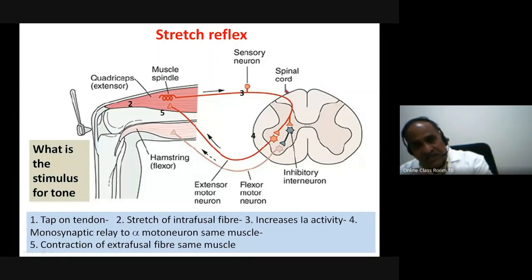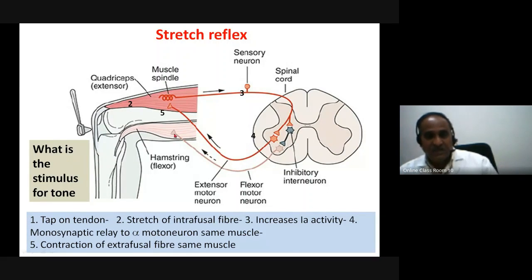The impulses also reach another inhibitory interneuron here, which would inhibit the opposite group of muscle. This is a flexor muscle, this is an extensor muscle, the agonist and antagonist muscles, and now the antagonist muscle is relaxed.